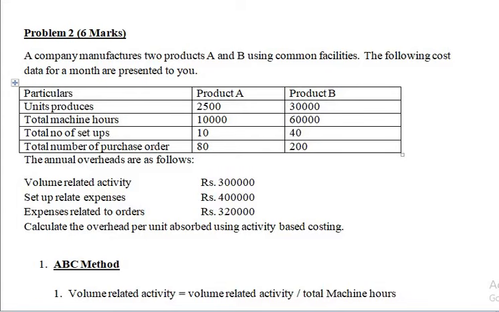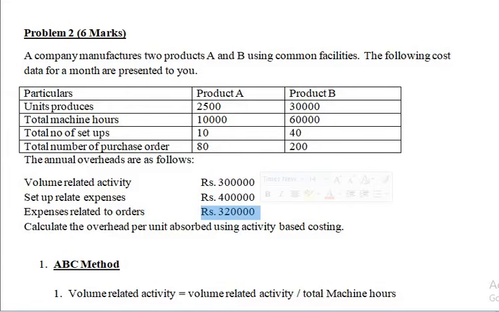A company manufactures two products A and B using common facilities. The details are given below, and in the details they have given the number of units produced, total machine hours, total number of setups, and total number of purchase orders. Next they have given the details regarding overheads: volume related activity rupees 3 lakh, setup related expenses 4 lakh, and expenses related to orders 3 lakh 20,000.